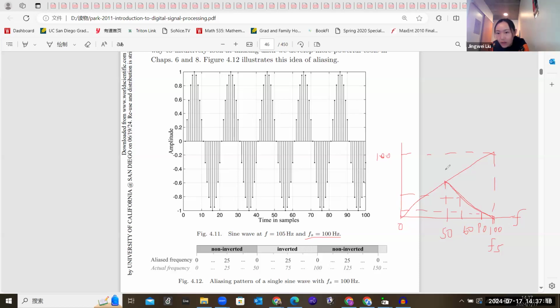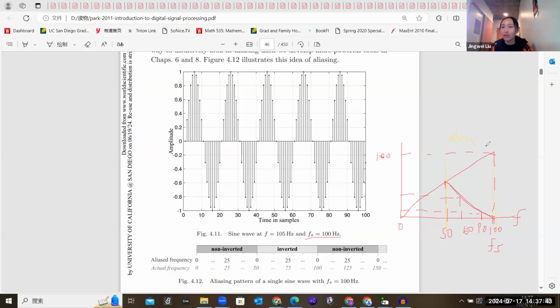And everything, let me choose another color. Anything from this part, anything above 50 hertz, is called alias. Alias means this is wrong.